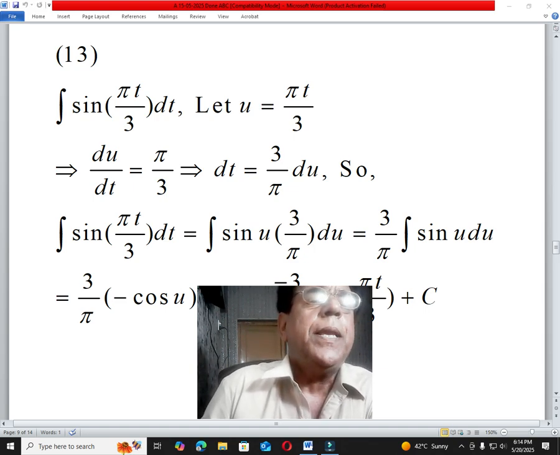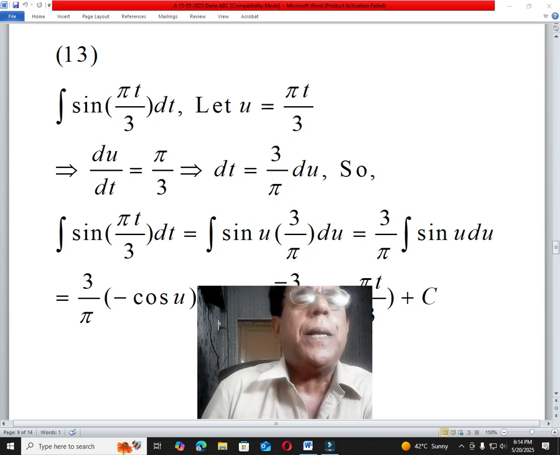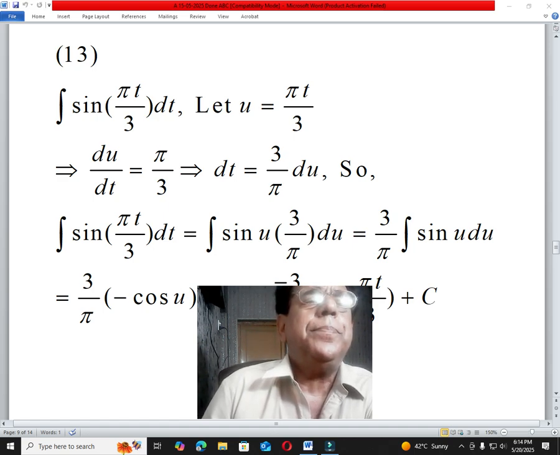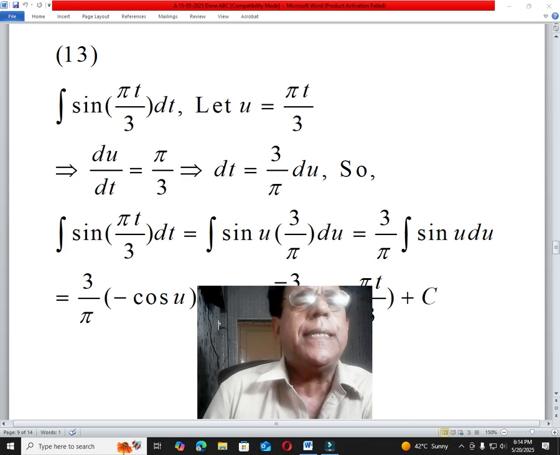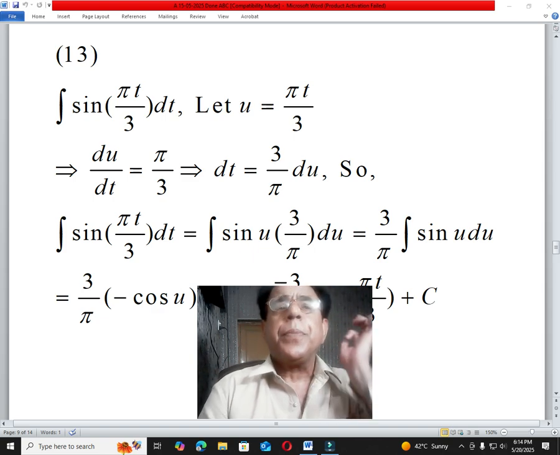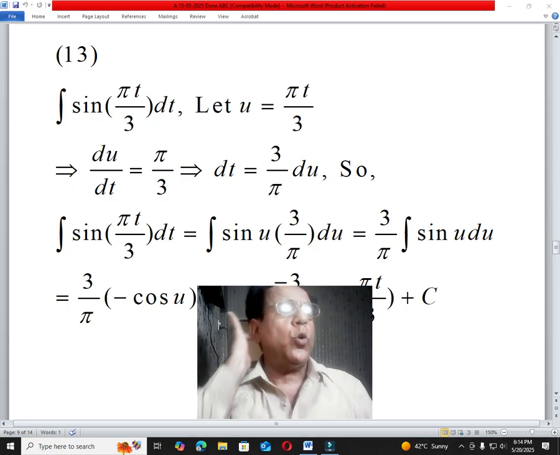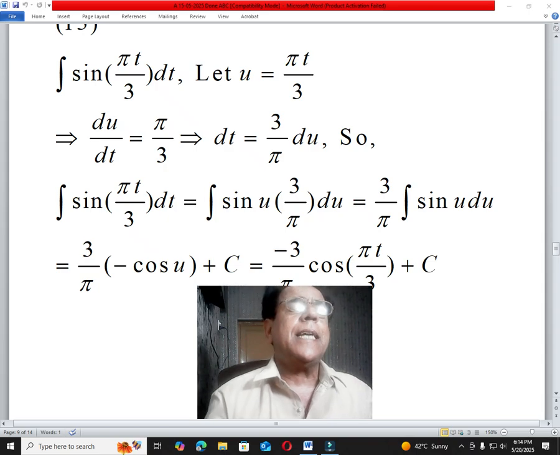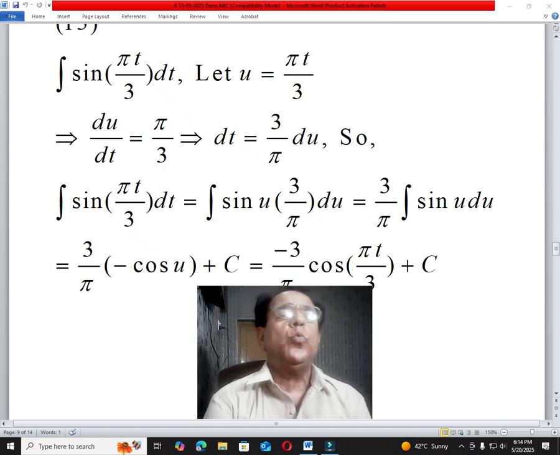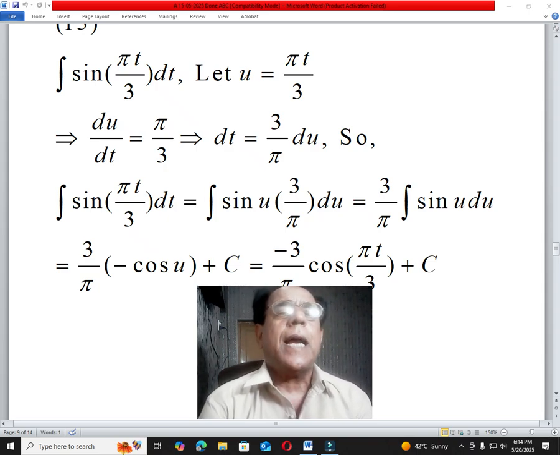This implies that dt will be equal to 3 by pi du, because dt is appearing in the problem statement. So in place of this dt we will replace it by 3 by pi du, and we will replace sine pi t by 3 as sine u. So the given statement integral sine pi t by 3 dt becomes equal to integral sine u times 3 by pi du.